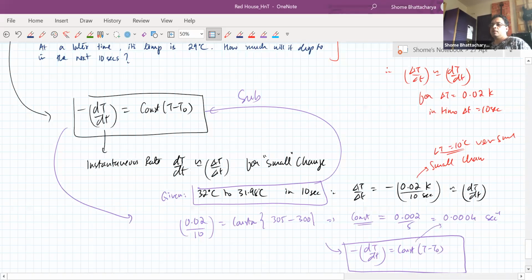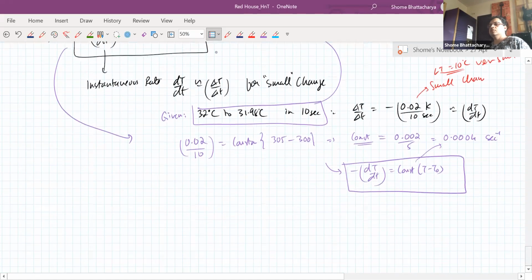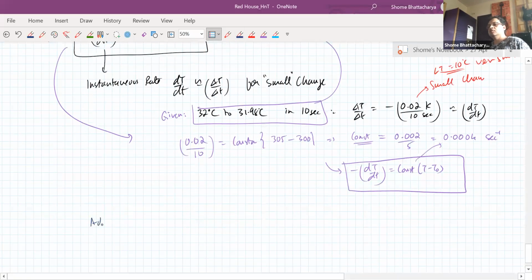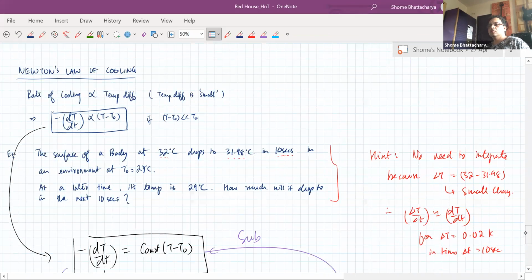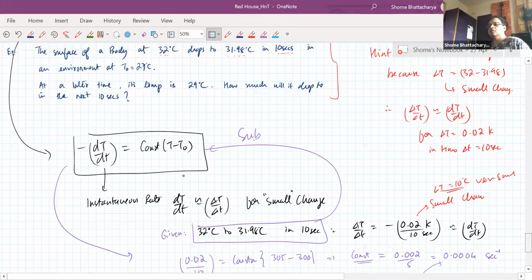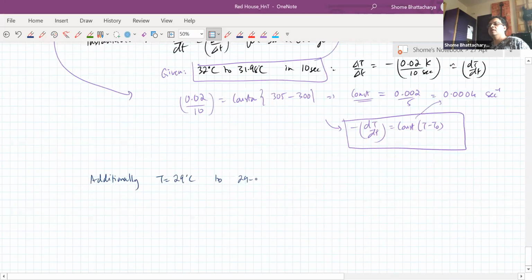Now we apply it to the second situation. Now additionally, the temperature goes from 27 degrees C, right? No, sorry, 29 degrees C to 29 minus some delta T in a time of 10 seconds.